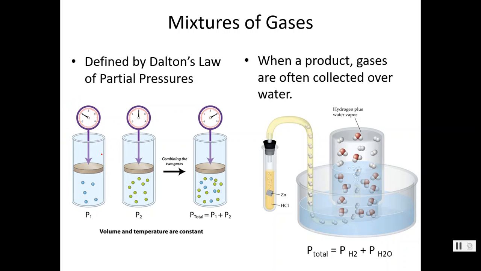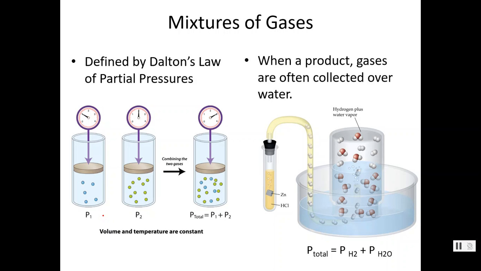All that means is that if I have a mixture of two gases, the pressure of that total sample is equal to the sum of the individual pressures of the individual components. So let's say, for example, we have a sample of oxygen that has a particular pressure, and a sample of nitrogen that has a particular pressure.